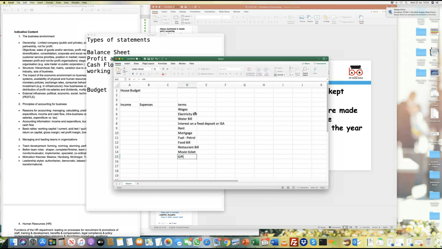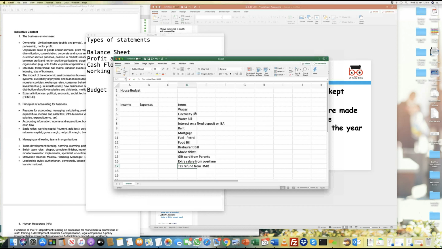You would also say salary from overtime, tax refund from HMRC. We look at things like Sky bill, BT telephone bill, mobile phone bill, a train ticket. So let's classify these into whether they are income or expenses first.